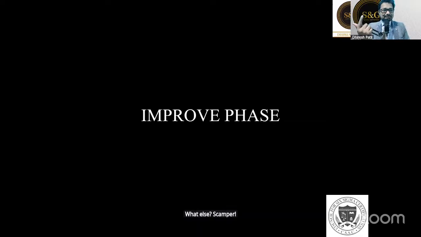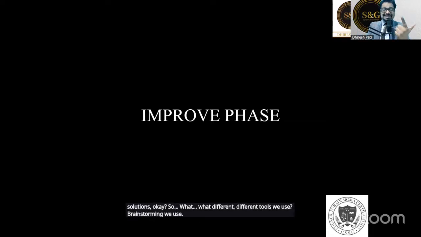Scamper. No, fishbone analysis is for the root causes. Now the root causes are done, validation is done. After validation, we are identifying the solutions. So what different tools do we use? Brainstorming, Scamper.